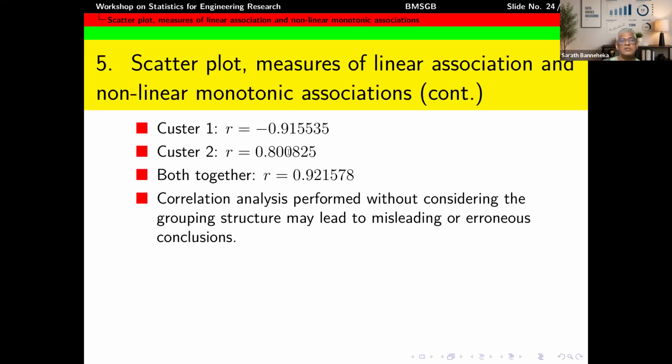In the second cluster, there is again a strong or moderate positive linear relationship, right? So that shows the clustering, and the scatter plot is useful in identifying clustering also.